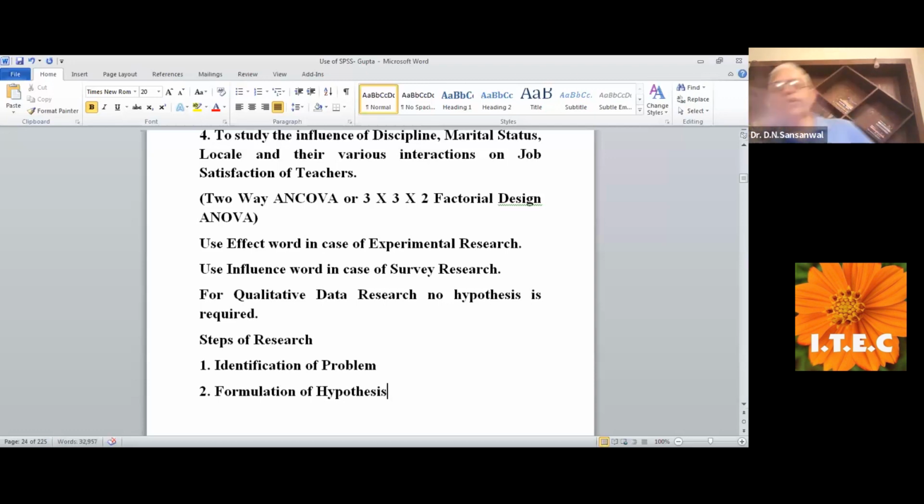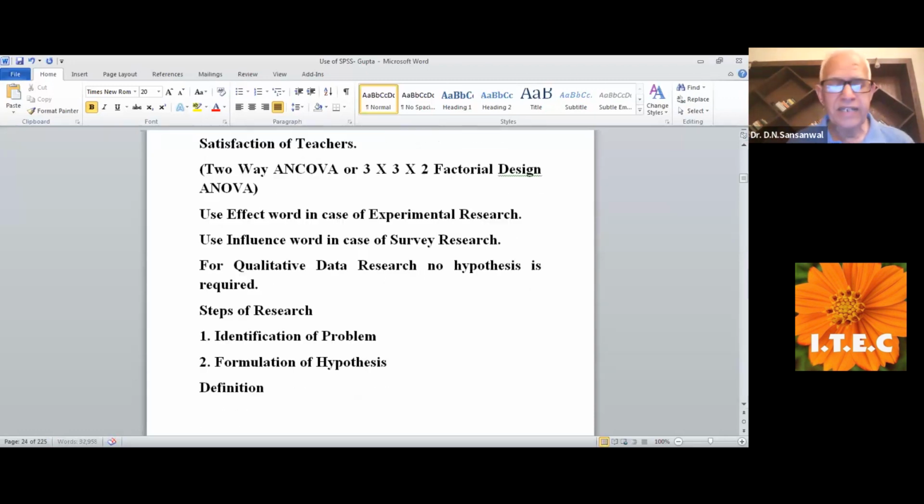Now, I'm not going to tell you the details of the hypothesis because I presume that you must be knowing it. And if you do not know, then I cannot help because in 1 week I cannot do everything. I hope you know the definition of hypothesis. That I can tell you.